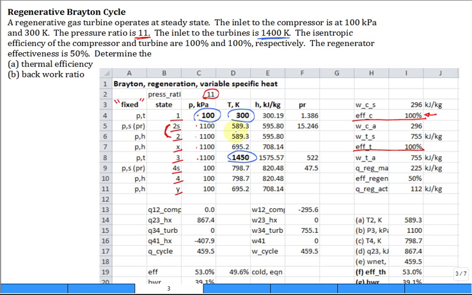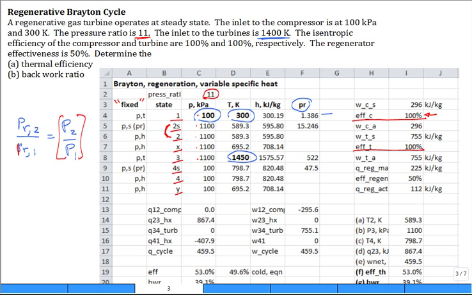But you can see how I go from state 1 to 2s. Using the air tables, you look up the Pr, then you recall Pr at 2 divided by Pr at 1 is equal to the actual pressure 2 divided by the actual pressure 1. You do know the pressure ratio.